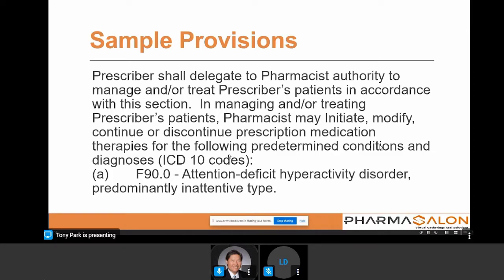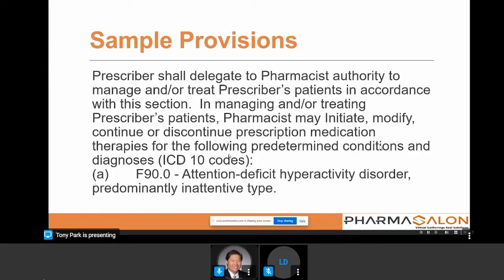So recognizing that, this type of provision is totally customizable, depending on the limitations of how comfortable your delegating prescriber feels about your clinical competence as a pharmacist. And that's really all it comes down to. My general experience has been that prescribers are more than willing, and they love this idea of having pharmacists take care of the drug therapy portion of their patients.